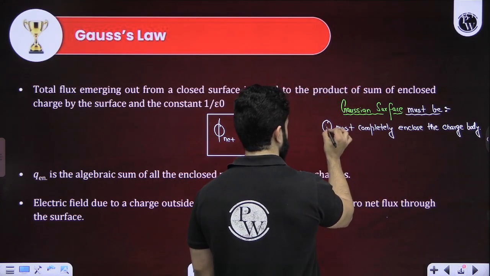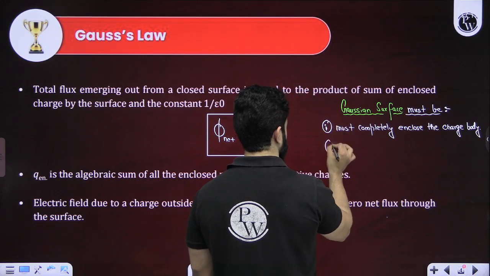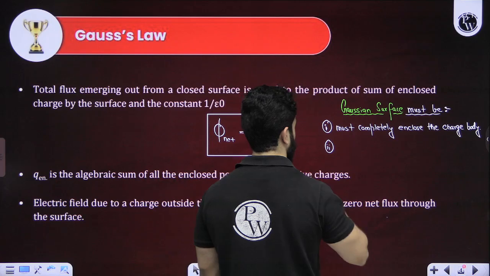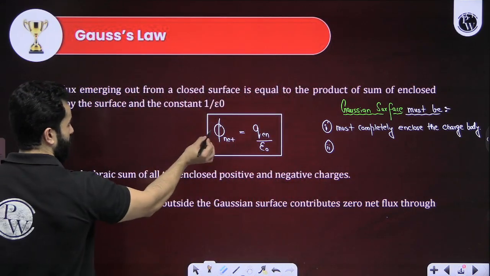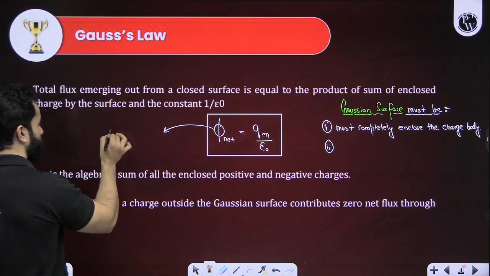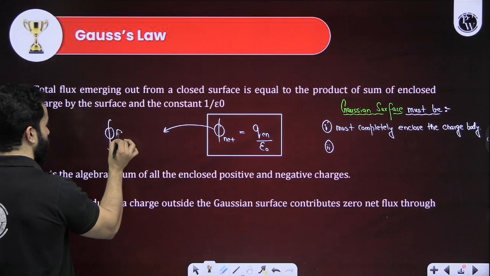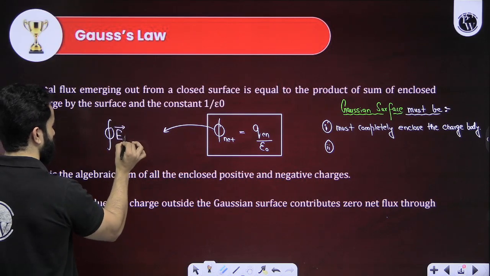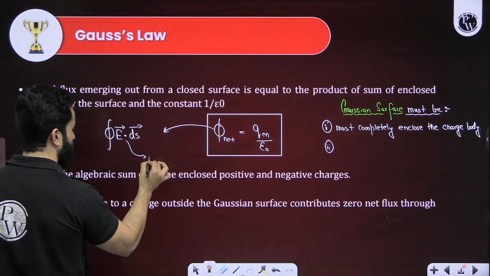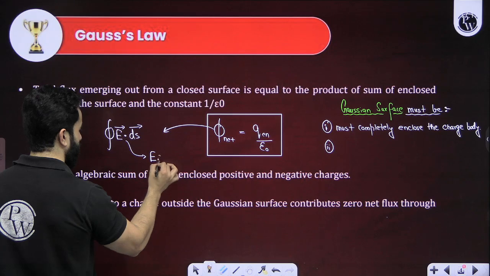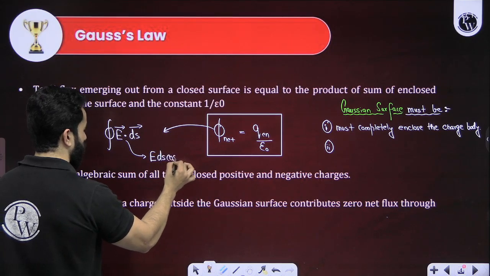Next is, you remember we can write this flux as the surface integral of E dot ds, isn't it? That means this thing will be written as E ds cos theta.